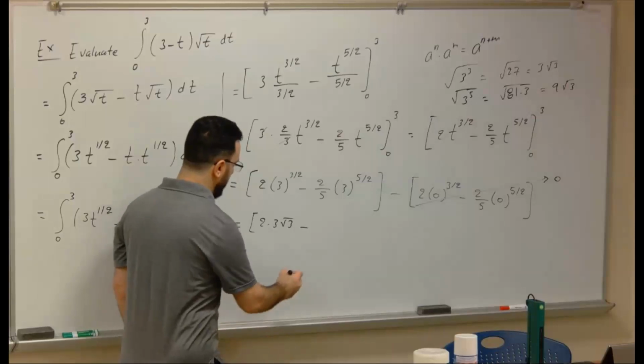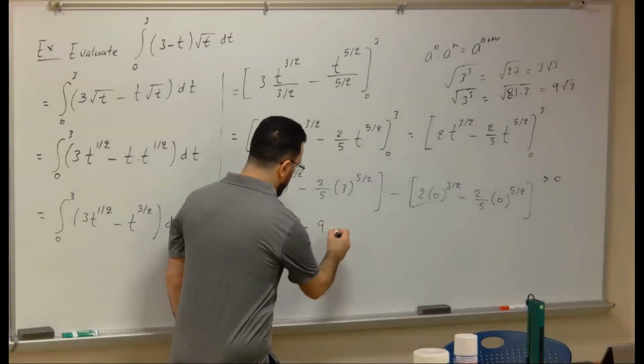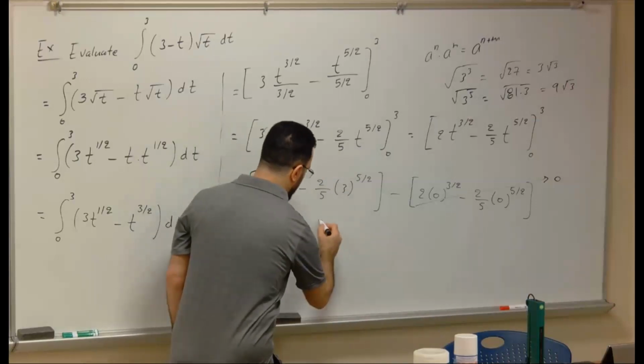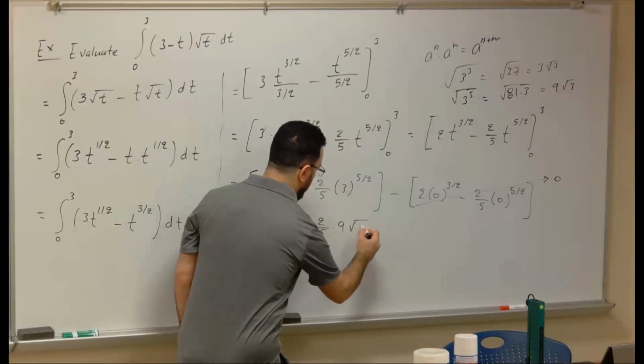That means this one is going to be minus 2 over 5 times 9 square root of 3. Don't forget this one.